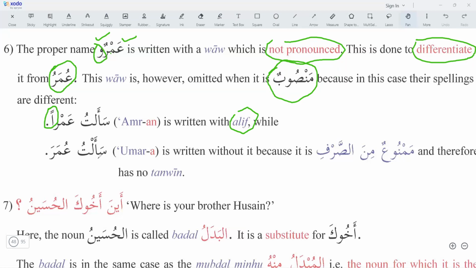And Umar, sa'altu umara. When we ask Umar, then Umar will take the fatha. Because they are similar nouns, we want to create a difference between Amrun and Umaru. That's why we use an extra vowel, and in nominative case, we use an extra waw.